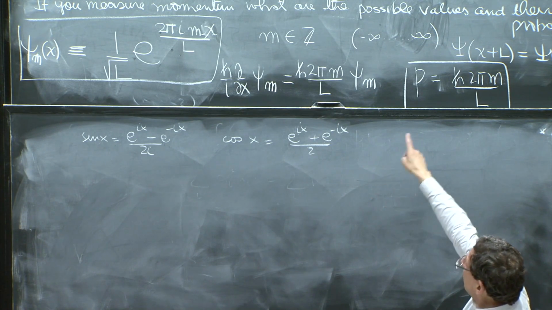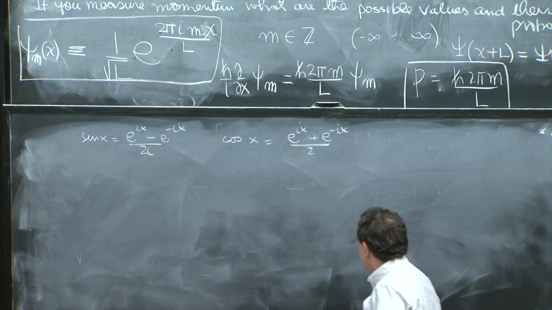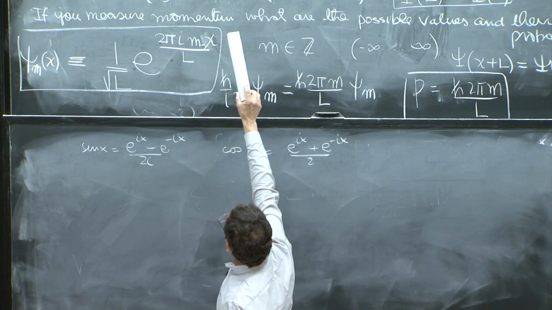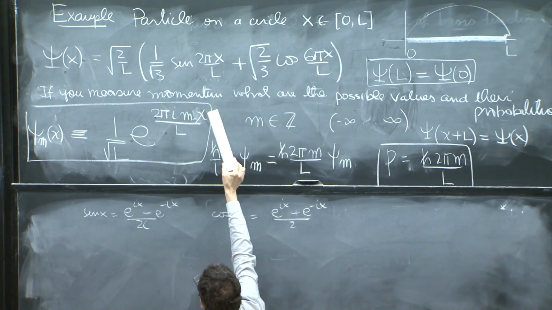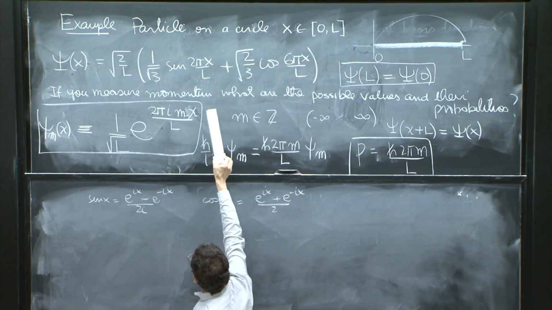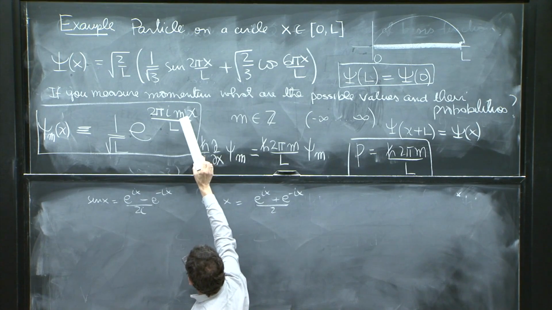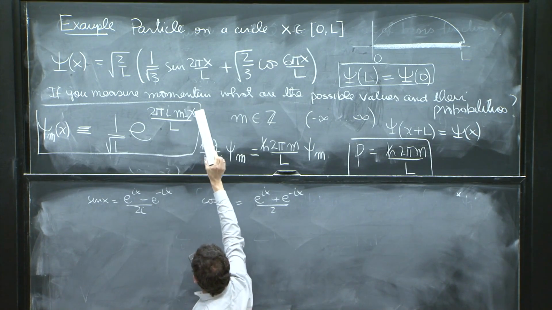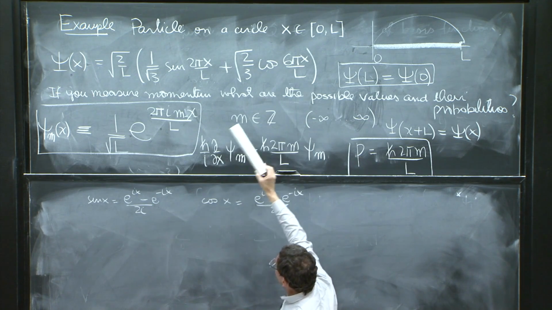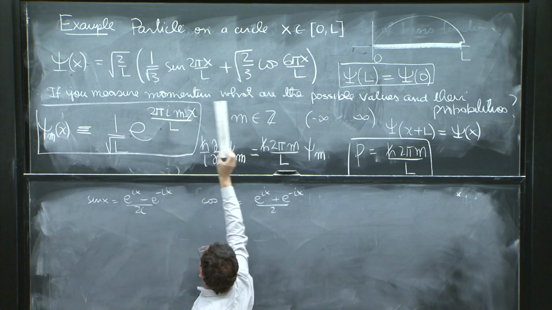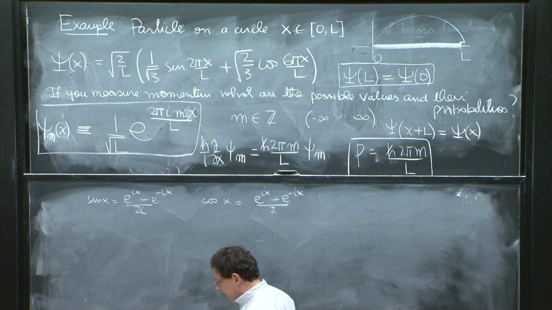So if you do that with those things, look, what is the sine of 2 pi x over L going to give you? It's going to give you some exponentials of 2 pi i x over L, so it corresponds to m equals 1 and m equals minus 1. And this will give you m equals 3, since 3 times 2 is 6, and m equals minus 3.